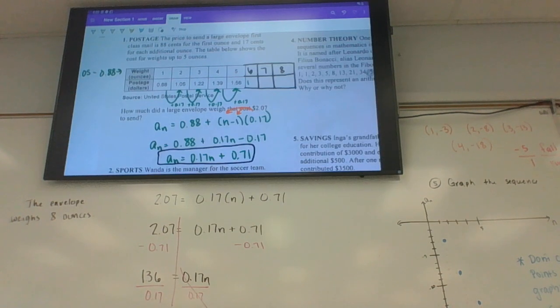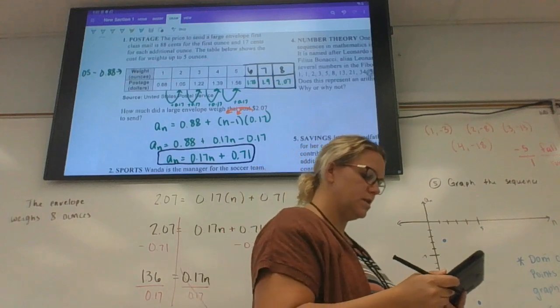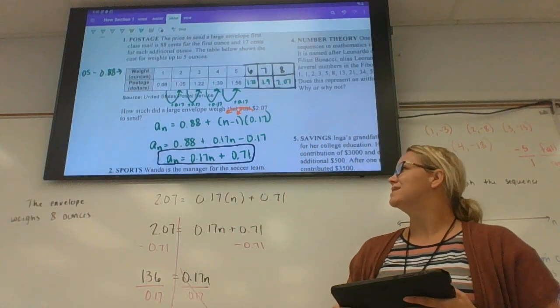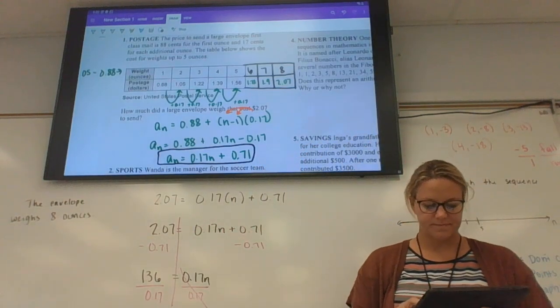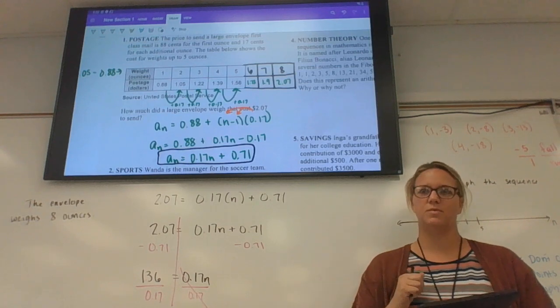So this would be $1.73. This would be $1.90. And there it is, 2.07. So we could have just followed the pattern out, but using the equation is best because then you can use it for anything. Any questions on number 1, word problem?